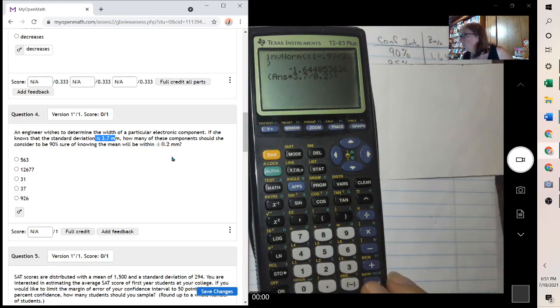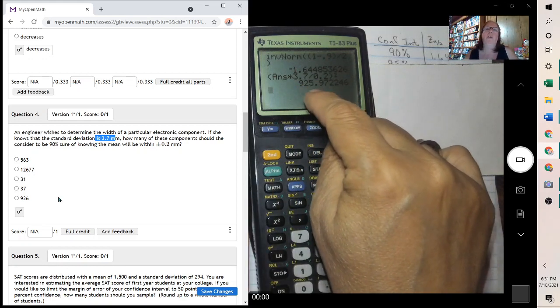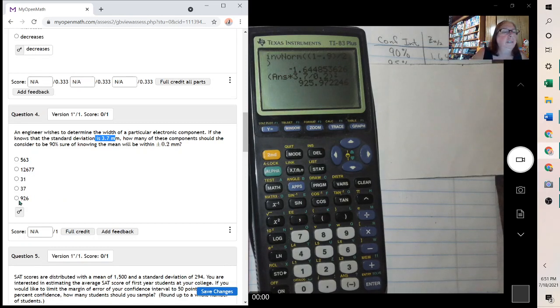And then squared. So we have 925, and rounding it'll go to 926. That's how you would do your sample sizes.